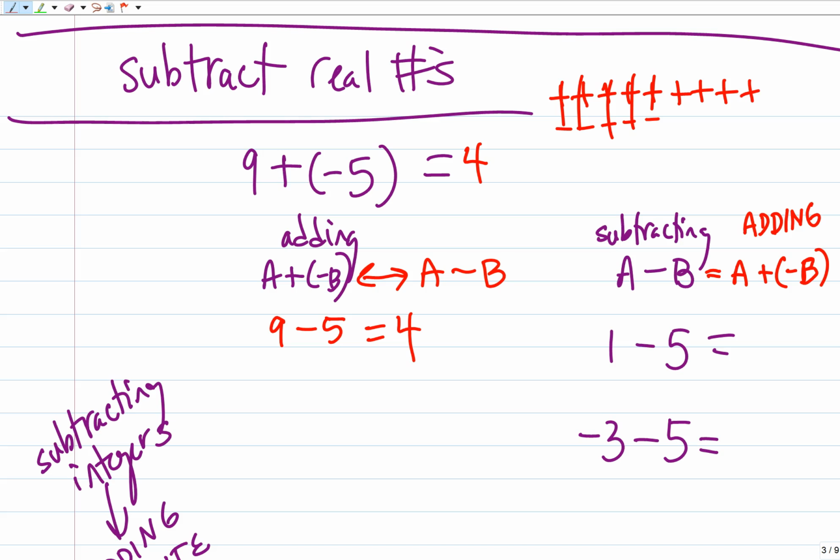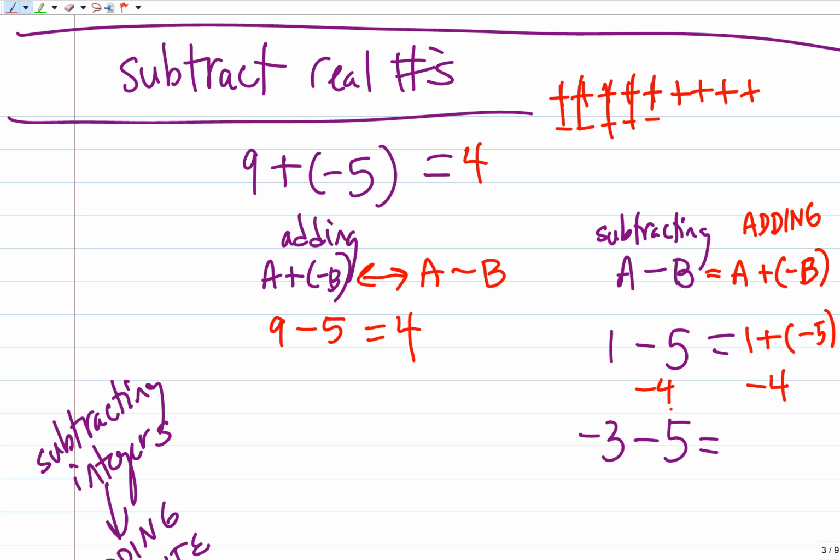We're going to get to some more complicated ones, but I want to make the argument that 1 minus 5 is the same thing as 1 plus what? And if 1 plus negative 5 is negative 4, then what should 1 minus 5 be?